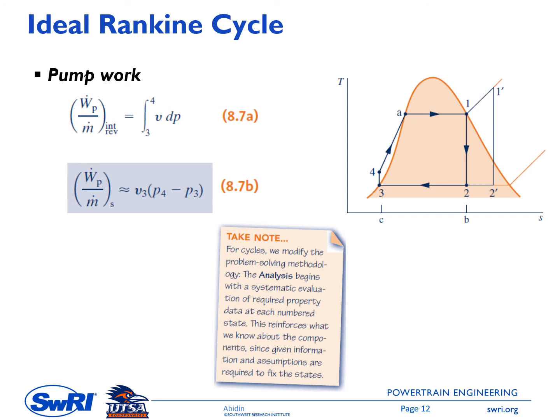This is the integral from point 3, the pump inlet, to point 4, the pump exit, of v dp, where v is evaluated at point 3, and dp is the pressure difference between point 4 and point 3. You can see equation 8.7b. You can use this equation to estimate the pumping work.